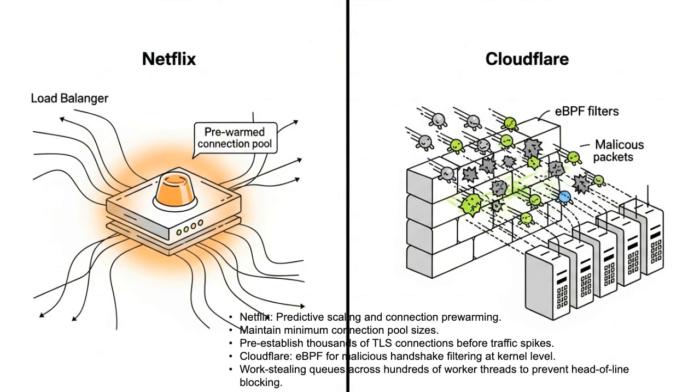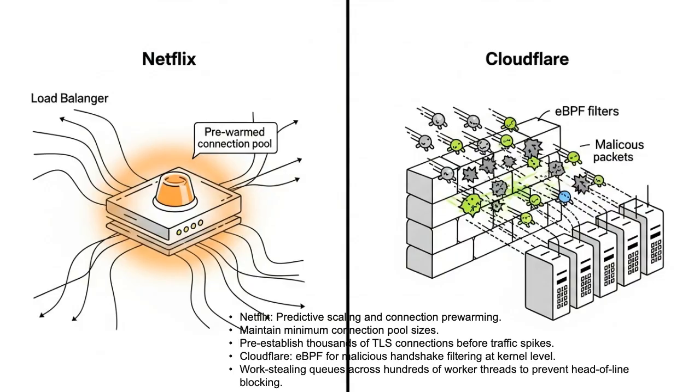More proactively, they utilize sophisticated predictive scaling mechanisms to pre-establish thousands of TLS connections 10 minutes before a major show release event. This strategy, known as connection pre-warming, ensures that when the anticipated traffic surge hits, a vast majority of client connections are already warm and established, significantly reducing the demand for new, expensive TLS handshakes.